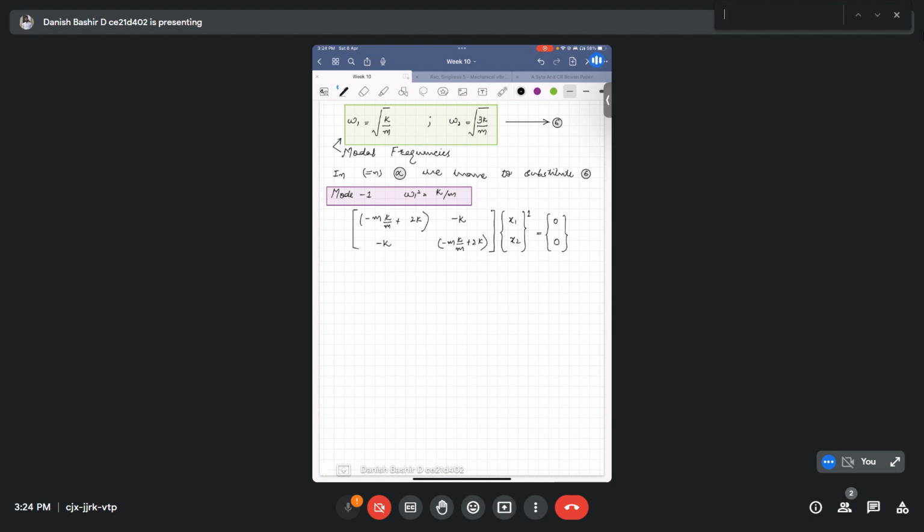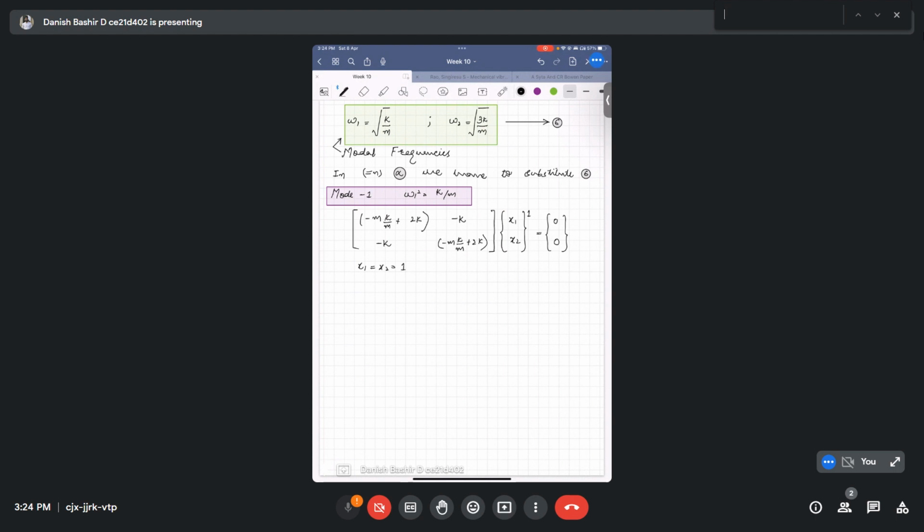When we try to solve this thing, we will get our mode shape like this: x1 is equal to x2 is equal to 1.